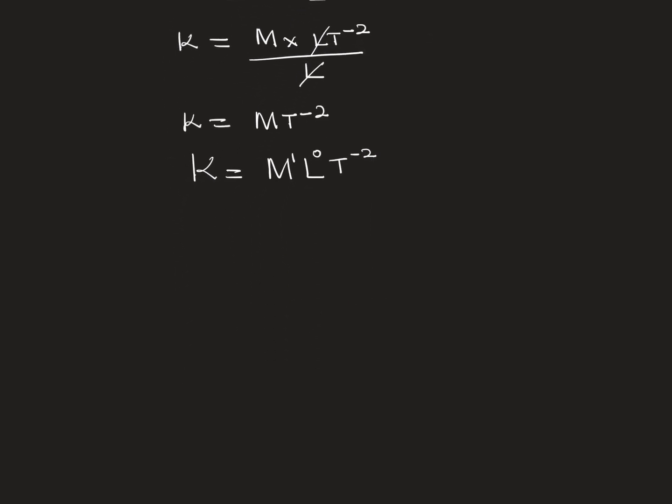To summarize, we've said that from Hooke's law, F is equal to KE, that is the applied force is equal to the spring constant multiplied by the extension which is also known as the change in length.